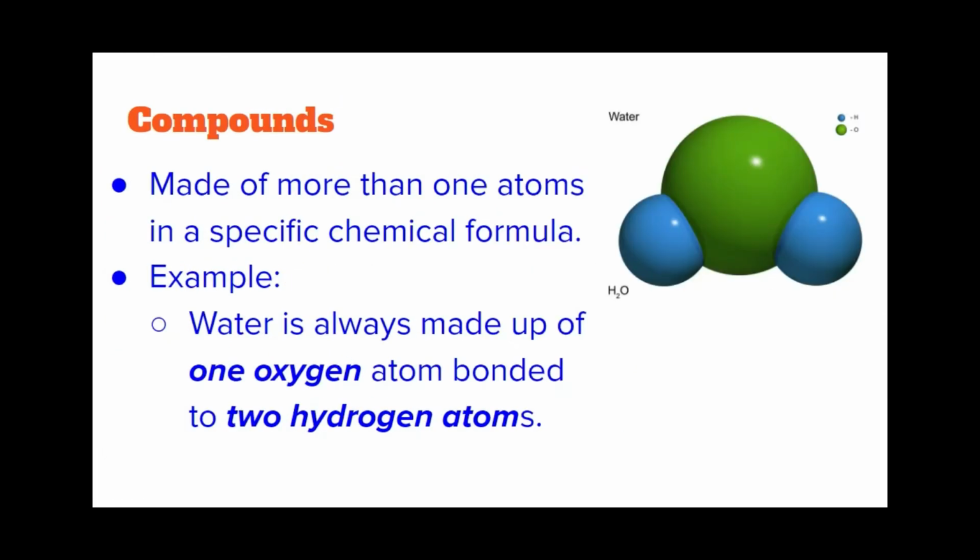Compounds are made up of more than one atom in a specific chemical formula. So, for example, water is always made up of one oxygen atom bonded to two hydrogen atoms.